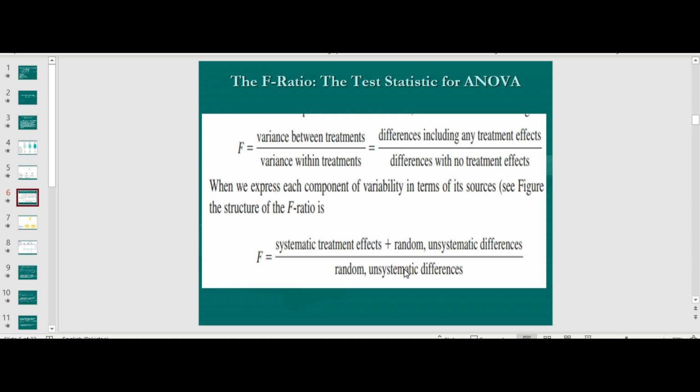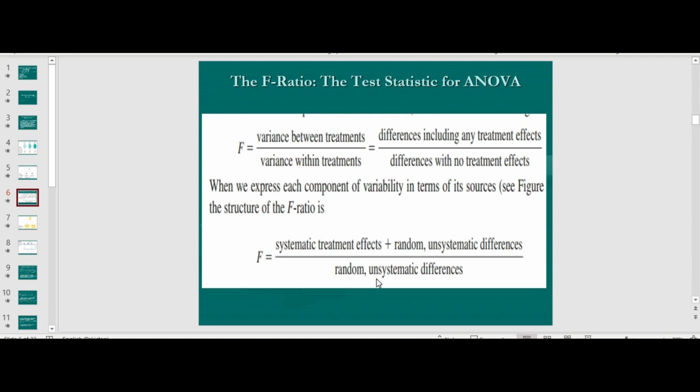Thus, an F ratio nearly equal to 1 indicates that the differences between the treatments are random and unsystematic, just like the differences in the denominator.